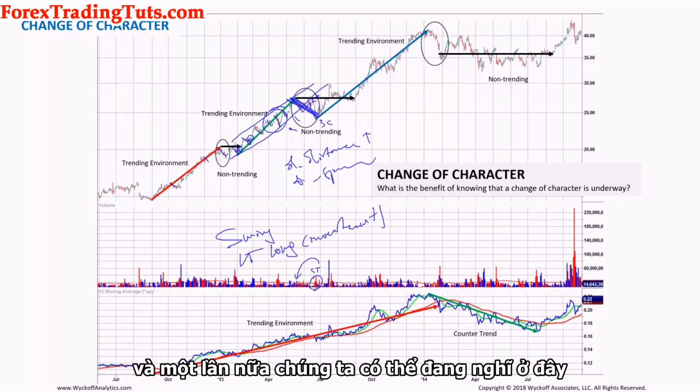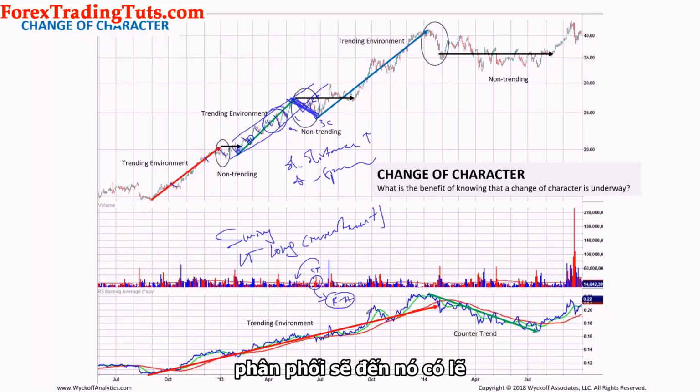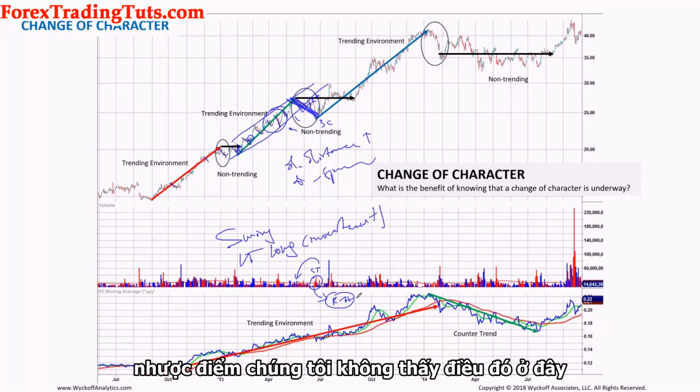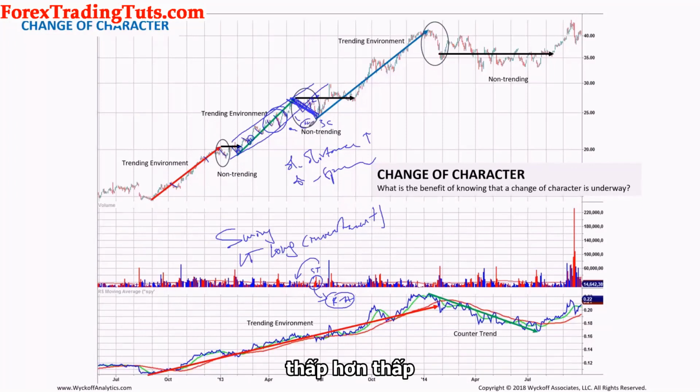And again, we probably are thinking here that this is a reaccumulation. If distribution would come, it probably would look different. Supply would be more violent and the price action would be more violent to the downside. We don't see that here. But we are concerned with this slightly lower low.